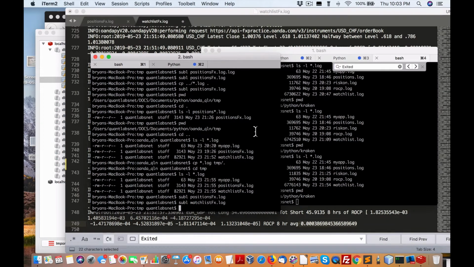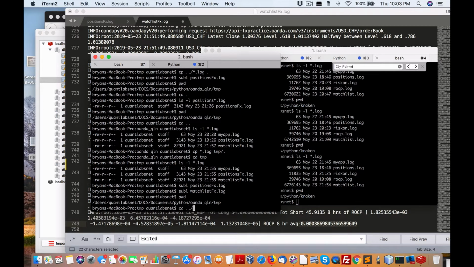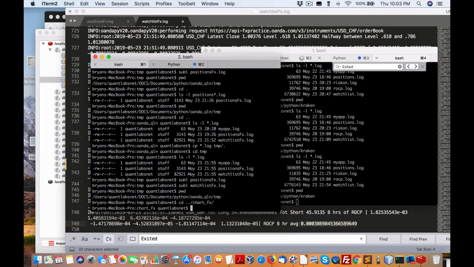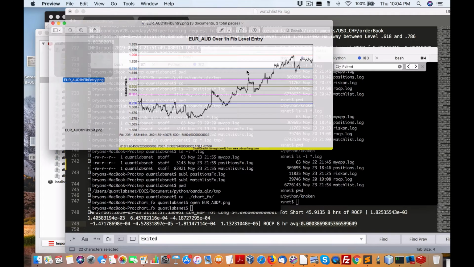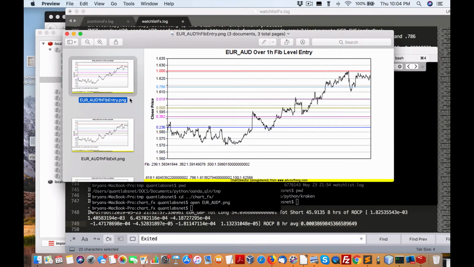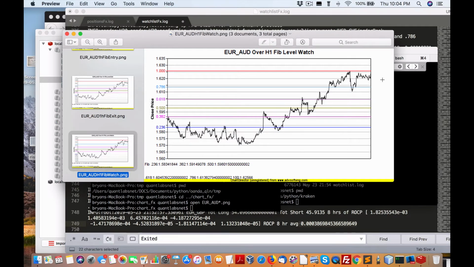I'll show you the charts. So when you look at the charts here, specifically I'll show you the Euro Australian. It's a similar process as before. We have three modes. This is the price action at the watch. Oddly enough, we caught this too late, but it did track and it put this pair on the watch list.